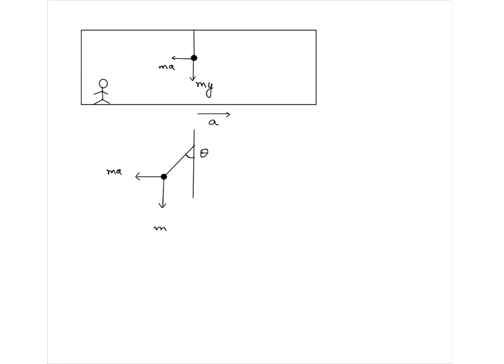And in fact that I should have shown here also. So let me correct it. Tension is also there. This is a string. So tension is there. These three forces should add up to give 0, because for him the bob is not moving at all.